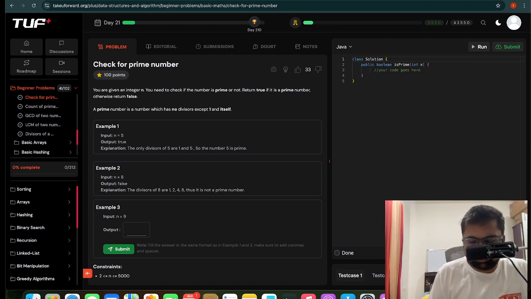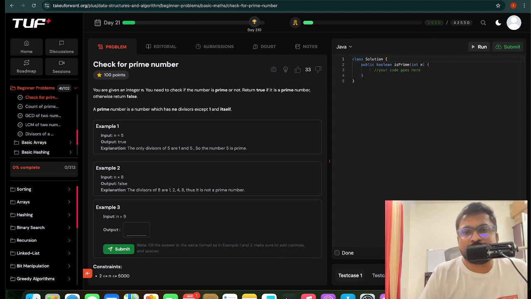Why are we not checking any condition for the largest number? Because the loop is running from 2 to the minimum of n1 and n2 in incremental order, so we don't have to check specifically for it. But this is a brute force approach.